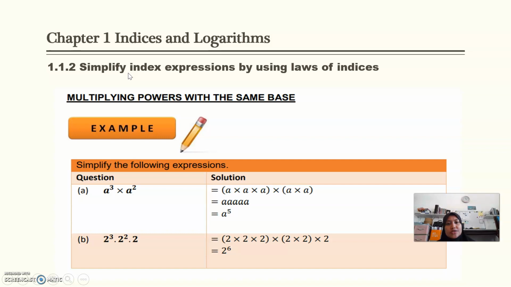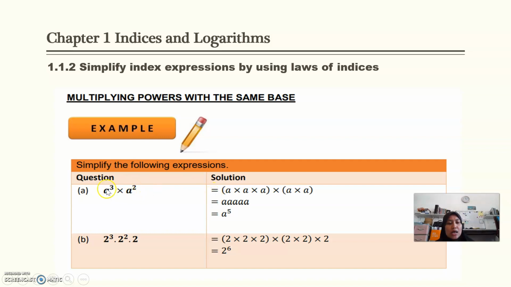Simplify index expressions by using laws of indices. Multiplying powers with the same base. For the first example, simplify the following expressions. For A, A power of 3 multiplied by A power of 2. How to solve this kind of question?